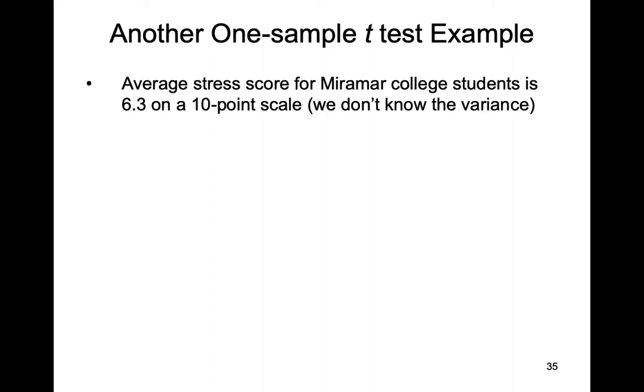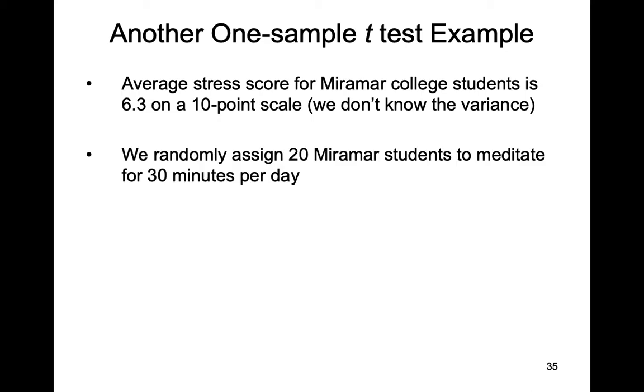All right, let's just do another example of a one-sample t-test. Let's say that we know that the average stress score from Miramar College students is 6.3 on a 10-point scale, where higher numbers mean more stress. But we don't know the variance. We're going to randomly assign 20 Miramar students to meditate for 30 minutes a day.